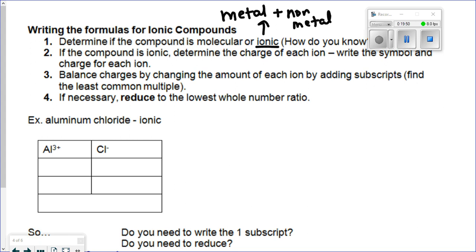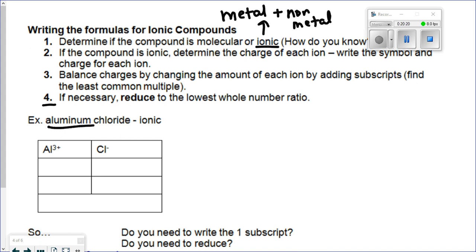It says if the compound's ionic, determine the charge of each ion, write the symbol and charge for each ion, and then we balance the charges by changing the amount of each ion by adding subscripts. So finding the least common multiple and, if necessary, reduce to the lowest whole number ratio. That point 4, if you've made a little bit of a mistake, you might come to that and you just need to reduce it. It's like reducing a fraction, basically.